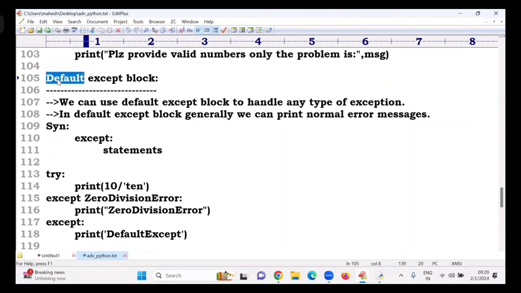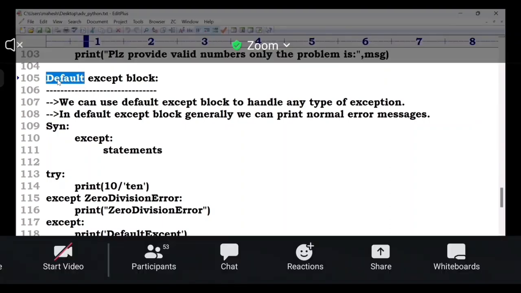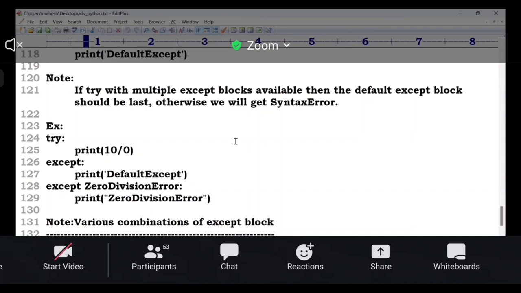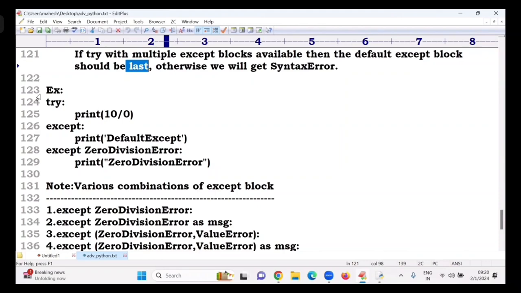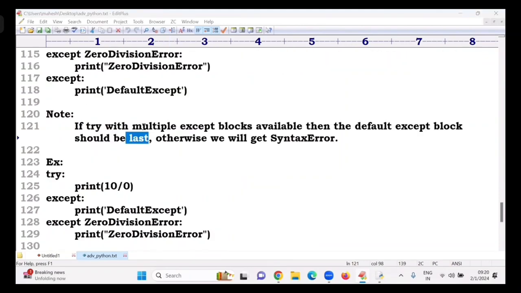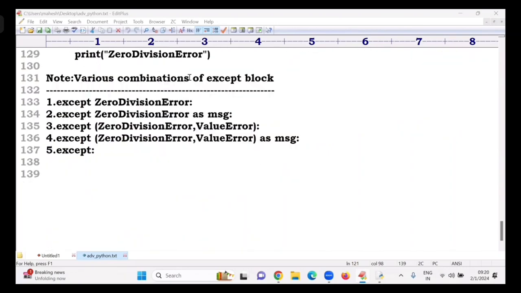It can handle any type of exception, but the default except block must always be last, because it is checking one by one. If no exception class matches and there is no alternative, finally the default block will be executed. These are all the various combinations: except single class, except class aliasing message, multiple classes, default except block.